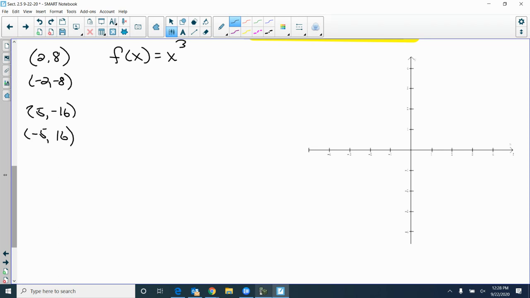That's kind of a little bit below my scale, but I'm going to estimate it down there. -1, -1, 0, 0, 1, 1, and then 2, 8. So when we graph that, we get snakes through the origin. Okay, for that one. All right, what's that symmetric to? Is it symmetric to the y-axis? X-axis? Origin. Okay, it will be symmetric about the origin.